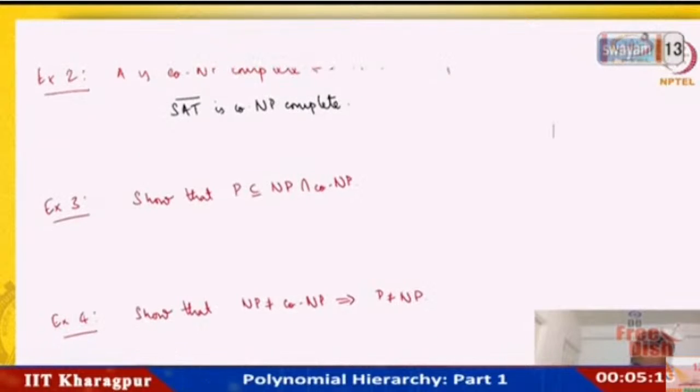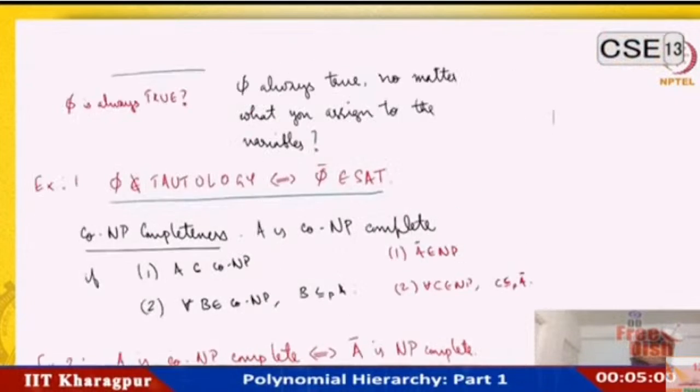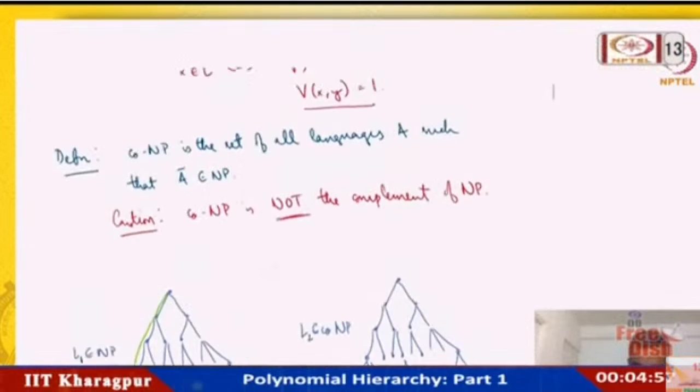Second, P is contained in NP and CoNP. Why is this true? Well, we already know that P is contained in NP. Why is P contained in CoNP? Pretty much the same reason, right?